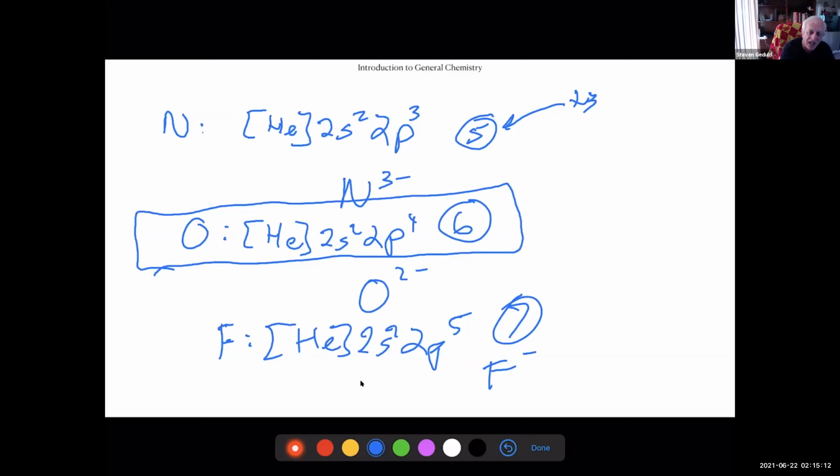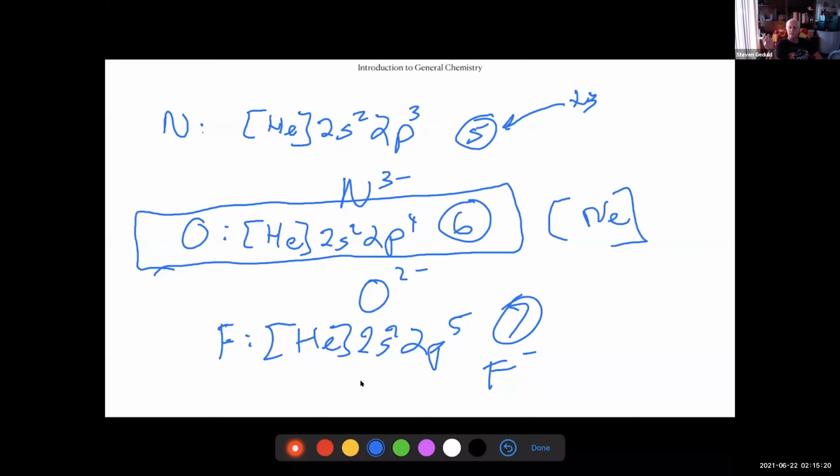So it's going to have the same electron configuration as neon. It's not going to be neon, but it has the same number of electrons as neon. It's still going to be oxygen, but it's going to add 2 electrons. That gives it a total of 8, and that will give it the same configuration as neon. These are called isoelectronic series.